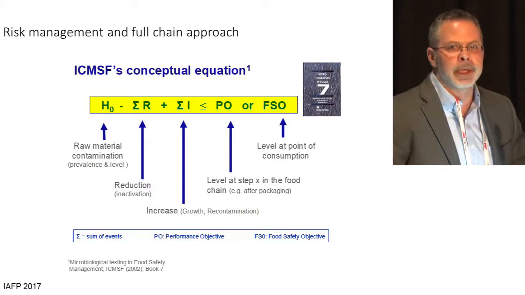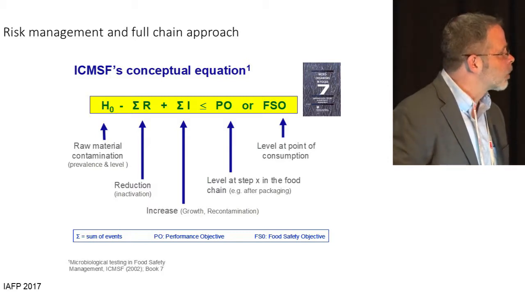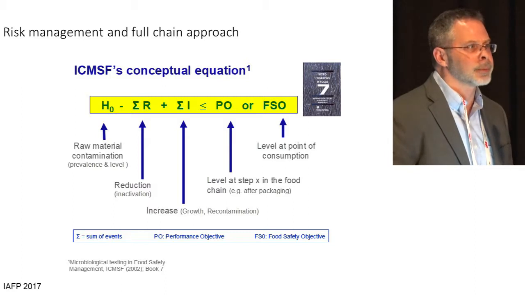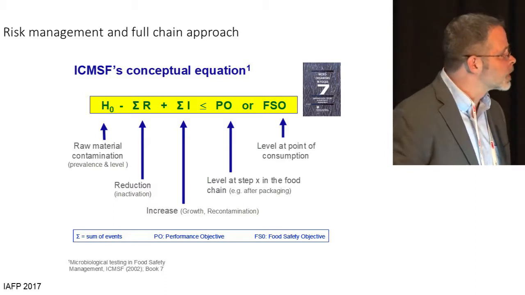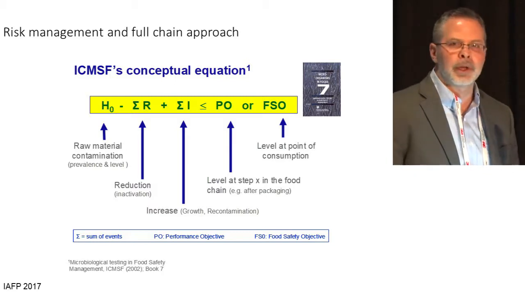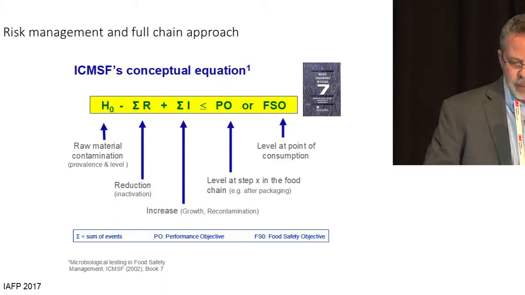And that could be established by a food manufacturer, or by a regulator as a food safety objective or as a performance objective, or, as Dr. Betts was discussing earlier, as a performance standard. And so this is a nice logical way to approach how we tackle what the expectations are in the finished product.